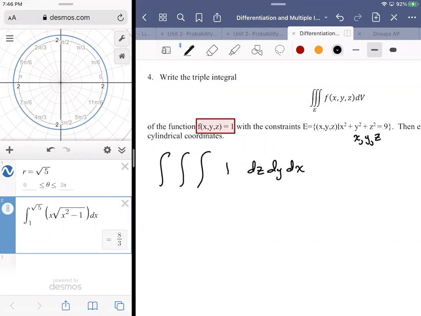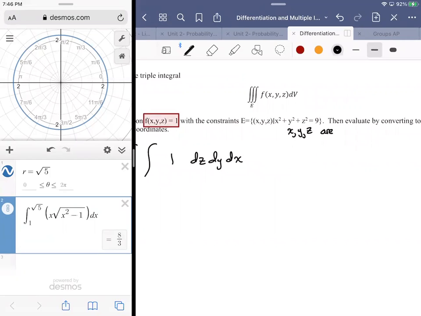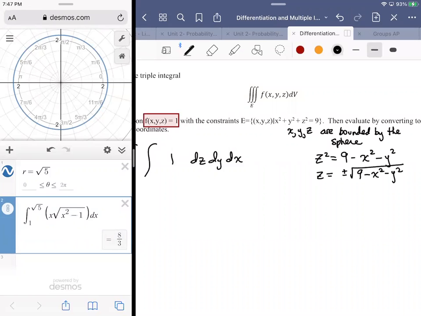All right. So if I want to talk boundaries in terms of z, what I could do is say z squared is equal to 9 minus x squared minus y squared, which in turn would give me the radical plus or minus, which I could use as my bounds.